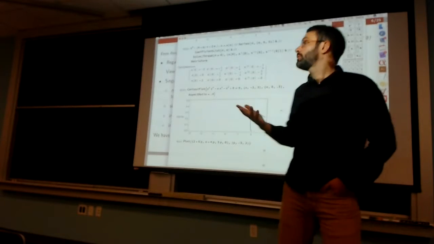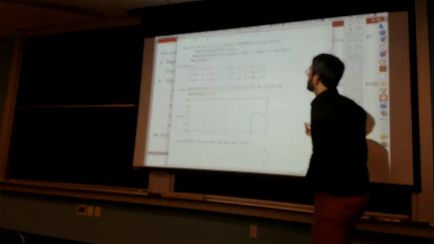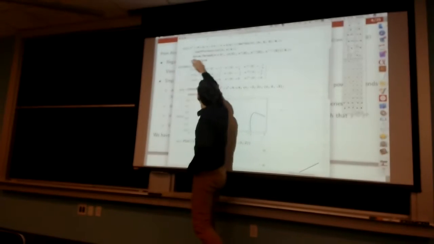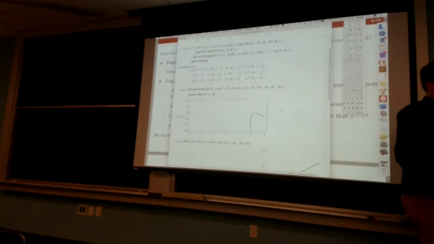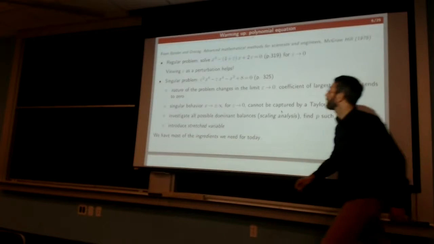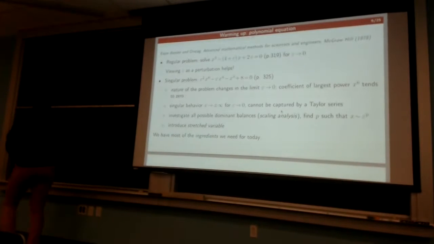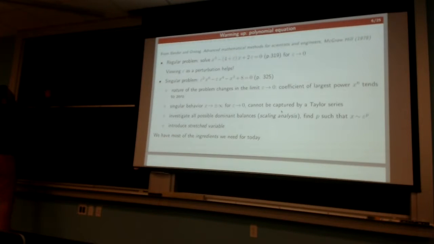The way you would do that naively would be just to take epsilon equals 0 here, and then the equation is quite simple. So you just take directly epsilon equals 0.